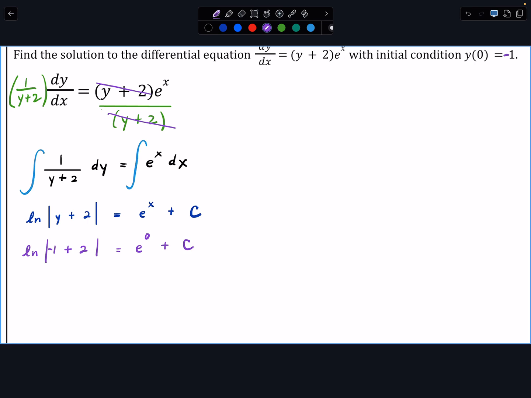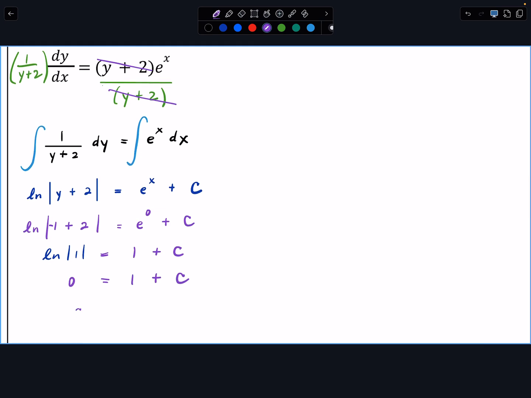Okay. What is 2 plus negative 1 on the inside of the absolute value? 1. What is the ln of 1? That's just going to be 0. What's e to the 0? 1 plus c. So 0 is equal to 1 plus c. So what's c? Negative 1.